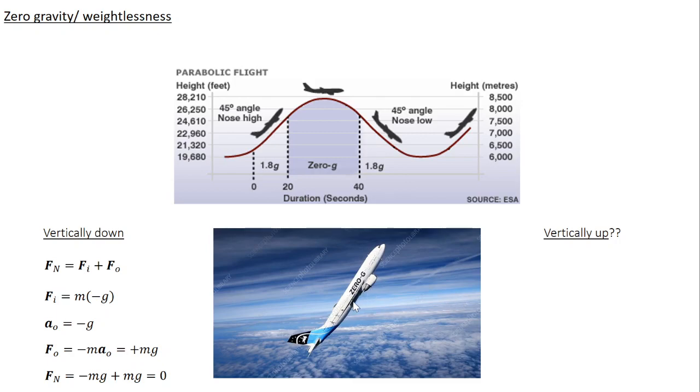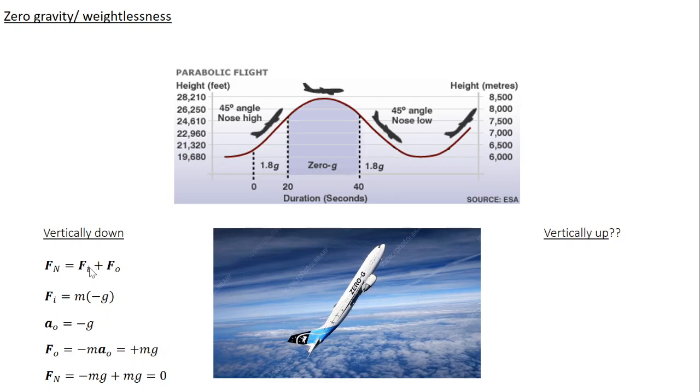As I said, the plane is accelerating, so this is a non-inertial frame. So the force which you are going to experience inside the flight is the non-inertial force Fn, which is equal to Fi plus F0.